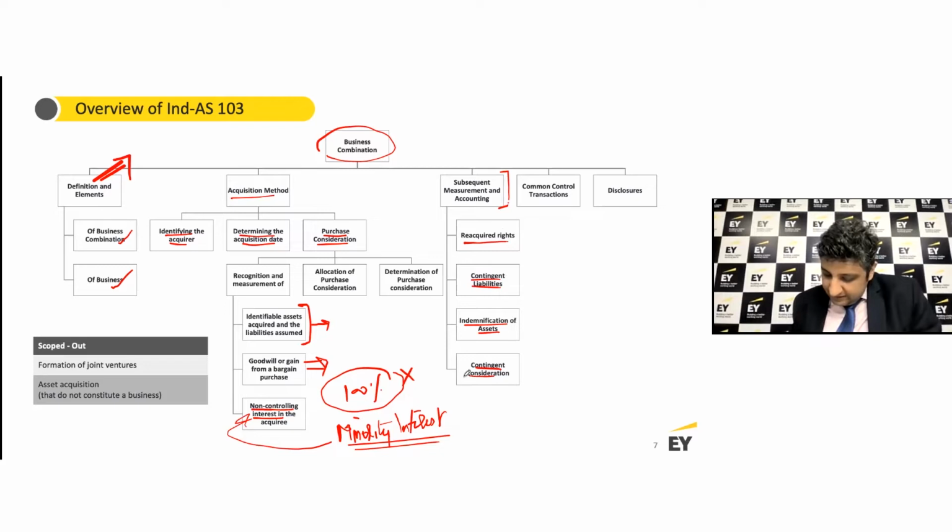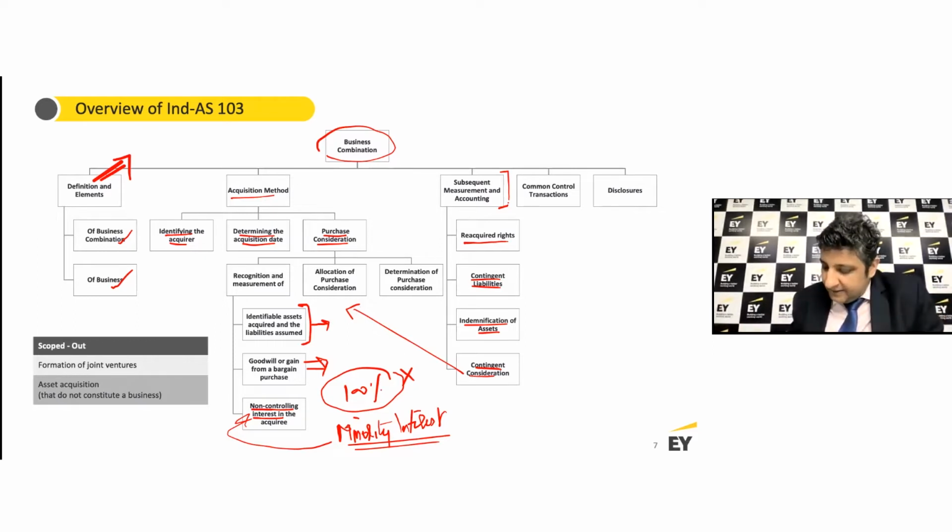So while contingent consideration could be a part of purchase consideration, the argument lies in how you deal with it subsequently as far as the value of that contingent consideration is concerned? Okay, so this is a broader overview around which we want to bring this along.